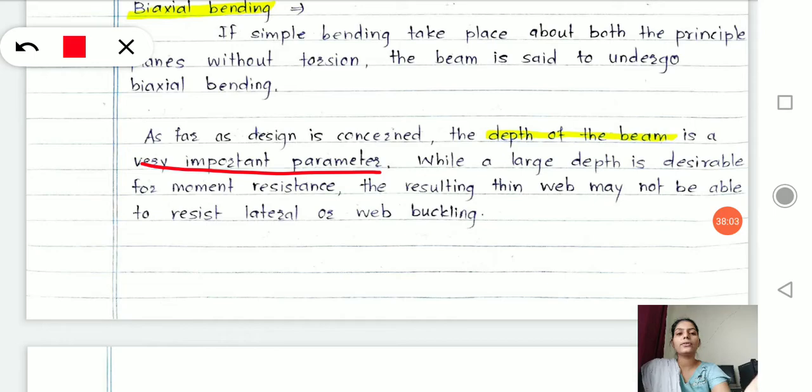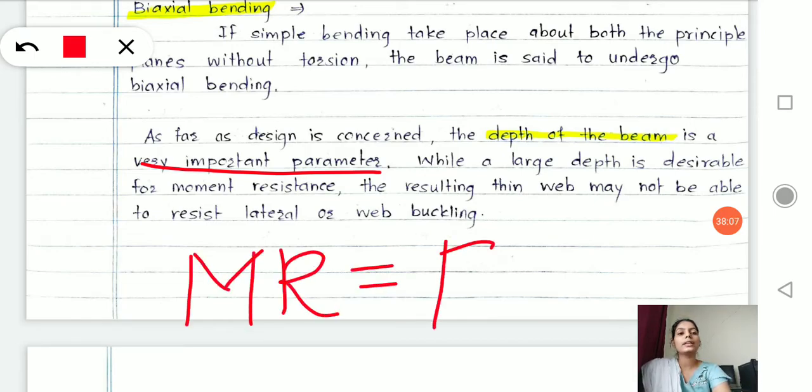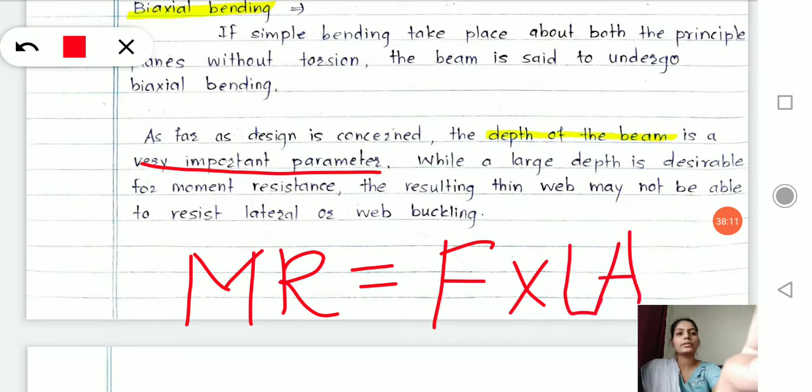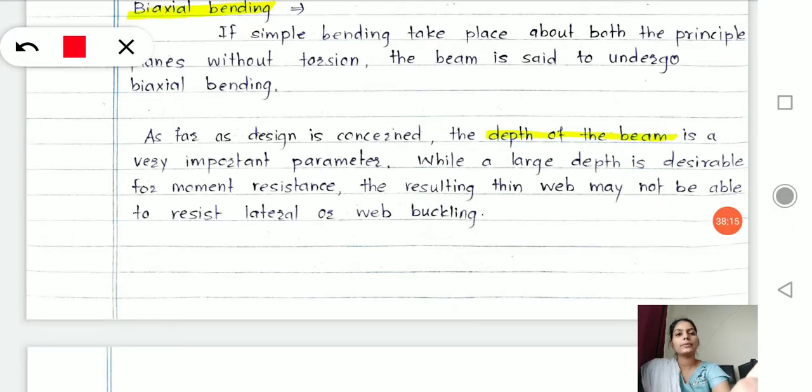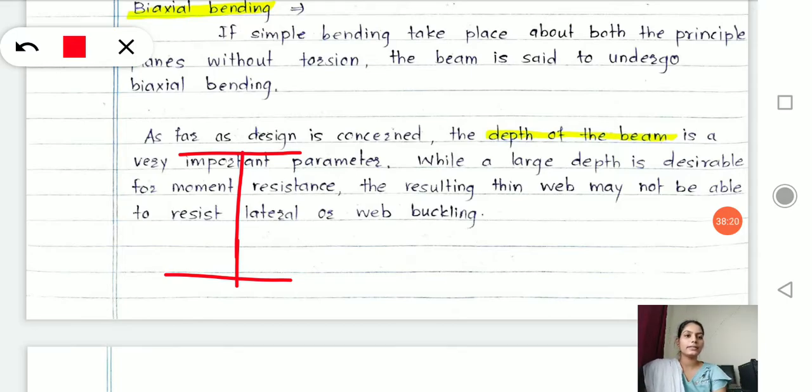Why is the depth of a beam a very important parameter? Because moment of resistance depends upon force into lever arm. What is force into lever arm? Let's suppose this is your I section. This I section carries the stresses. The I section is used as a beam.